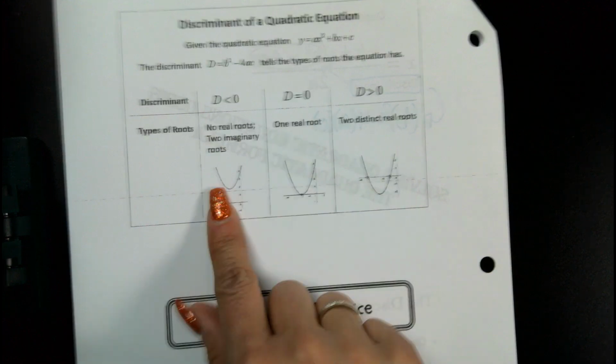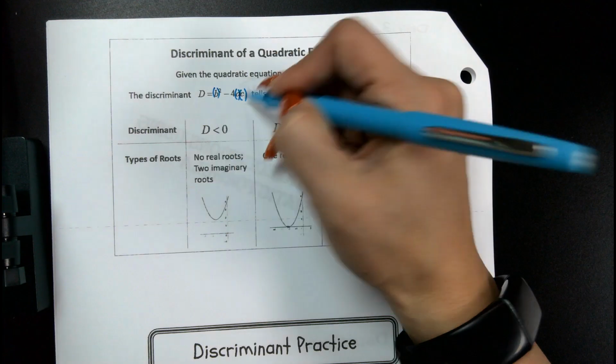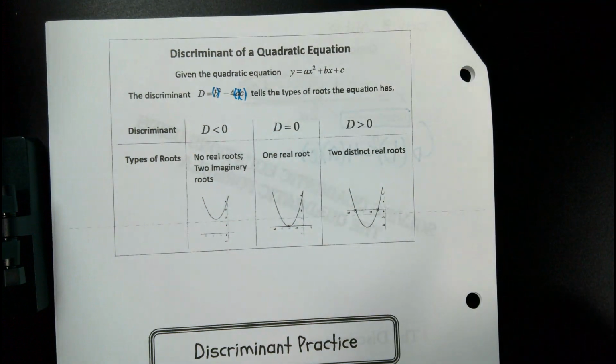And then we talked about what if there were no real solutions, which means there are 2 imaginary solutions. The way to figure that out is we're going to plug our numbers into the discriminant, b squared minus 4ac.